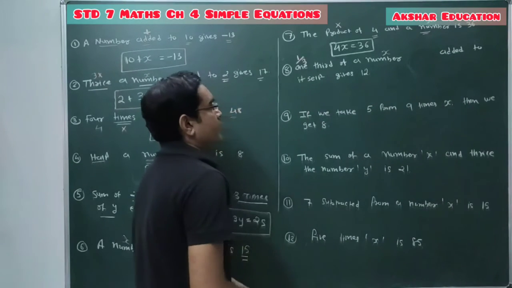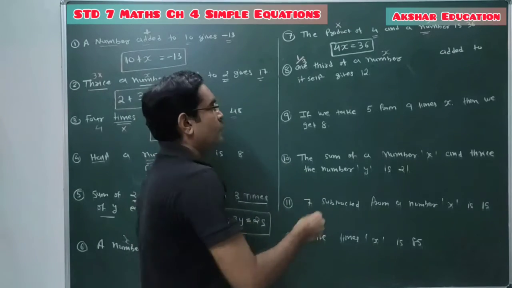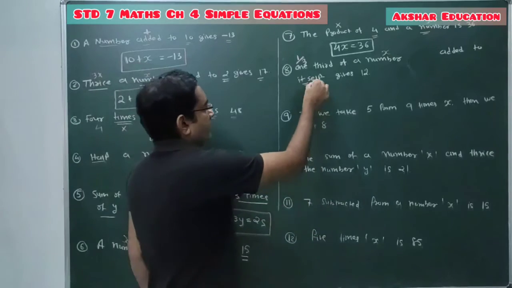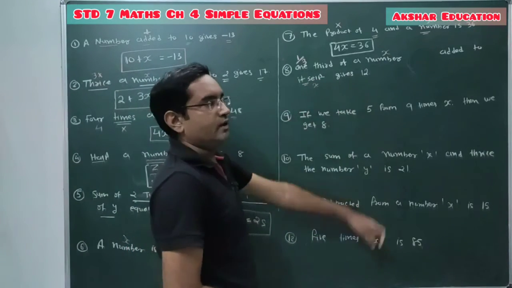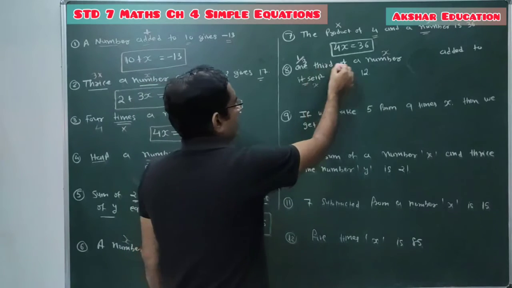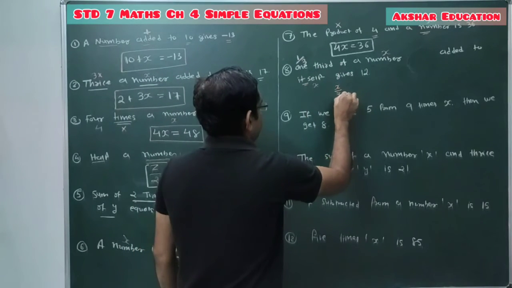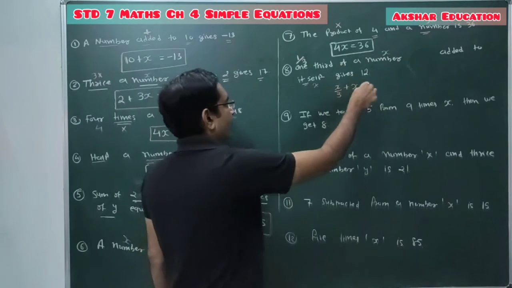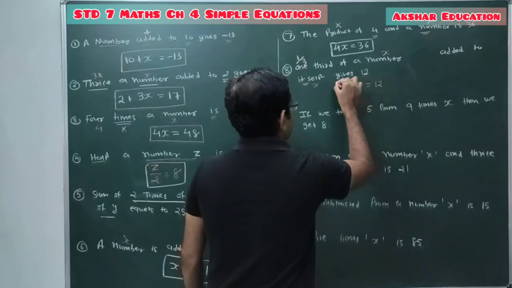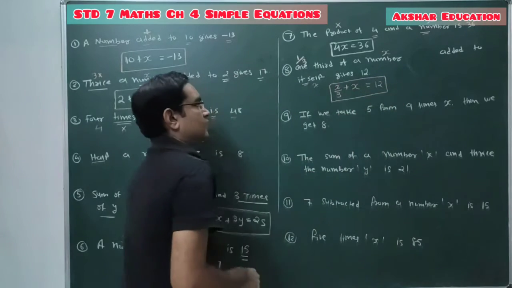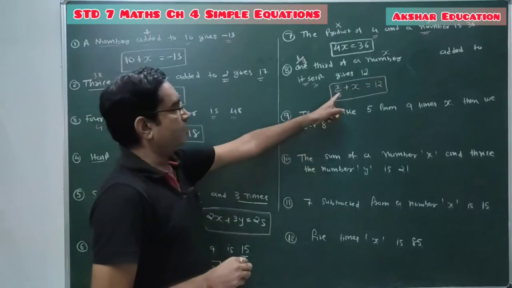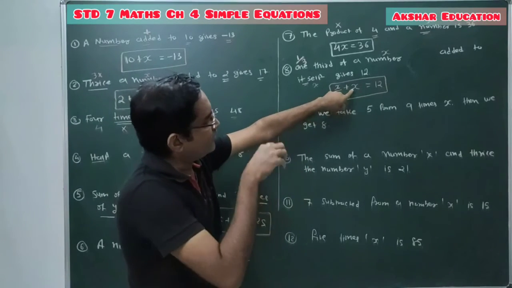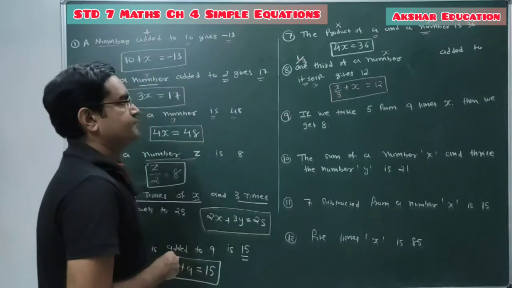So 1/3 of the number is added to itself. Itself मतलब खुद नंबर, the number x, gives 12. तो 1/3 of a number, so it's x by 3, is added to itself. उसमें ऐड करना है, नंबर में ऐड करना है. It will give 12. So this is our simple equation. 1/3 of a number is added to the same number gives us 12.